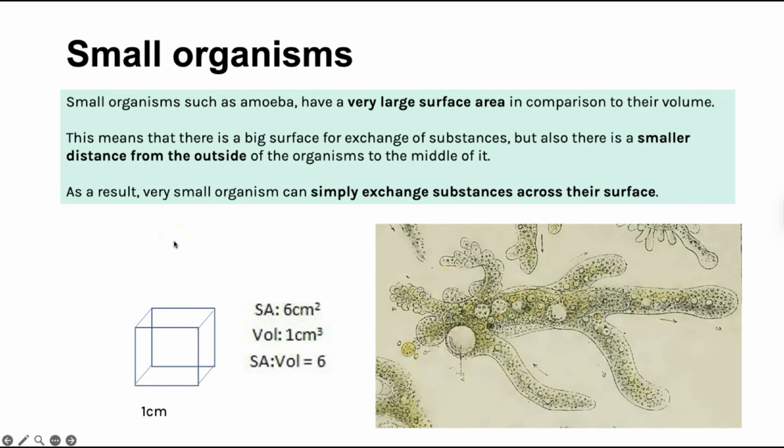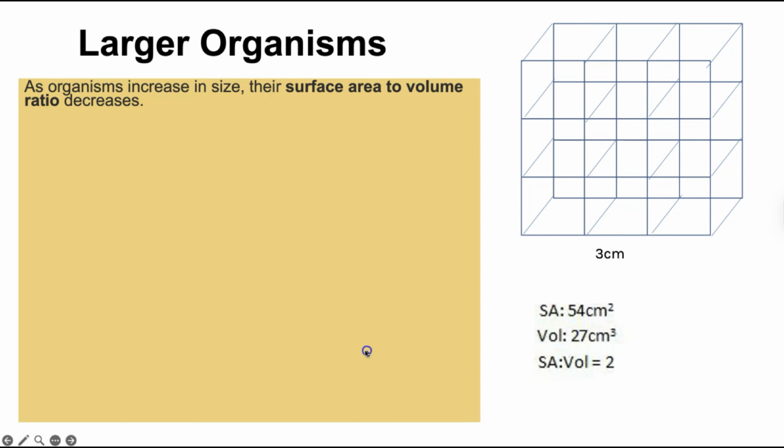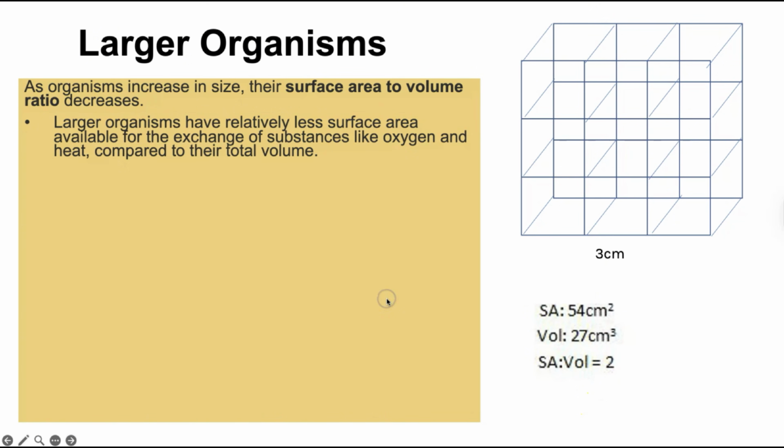Now, as a result of this, very small organisms don't have special exchange systems that they've evolved, for example, a lung system or respiratory system, we should call that. The lungs is the organ. And therefore, they can just simply exchange substances across their surface. So as an organism increases in size, their surface area to volume ratio gets smaller.